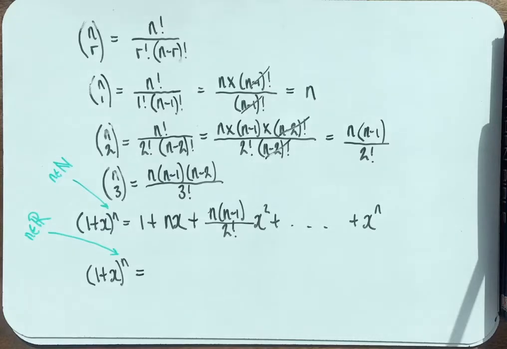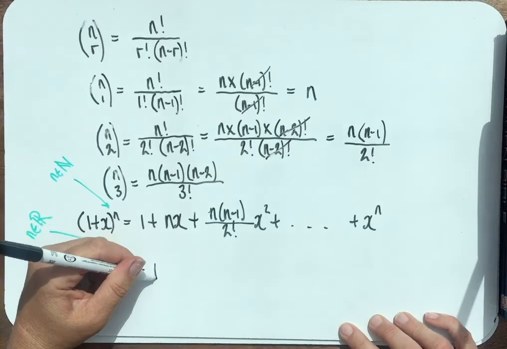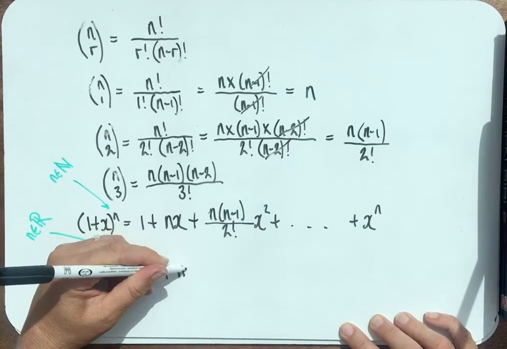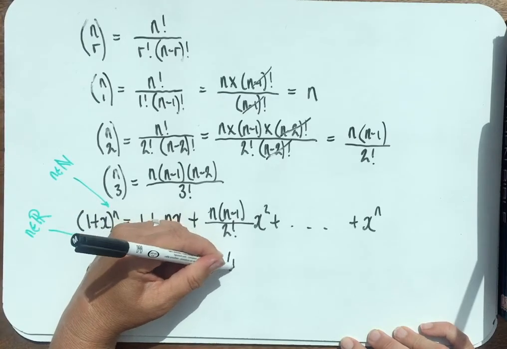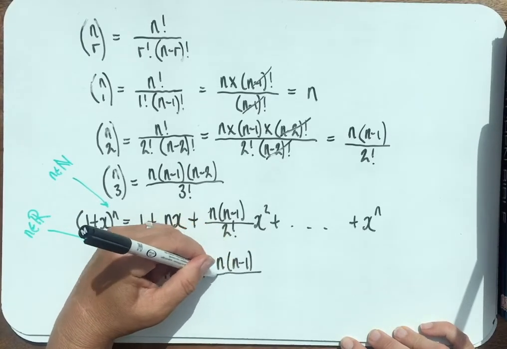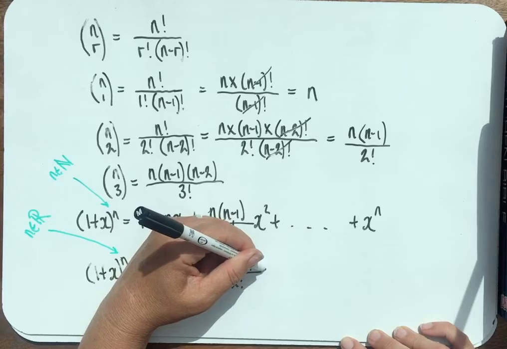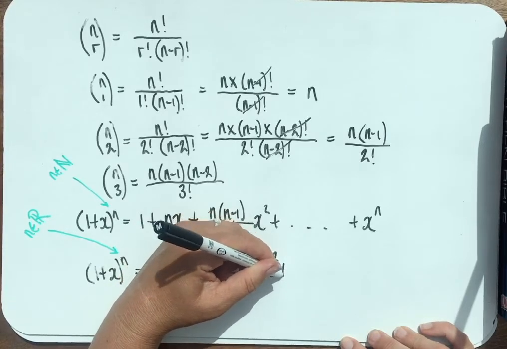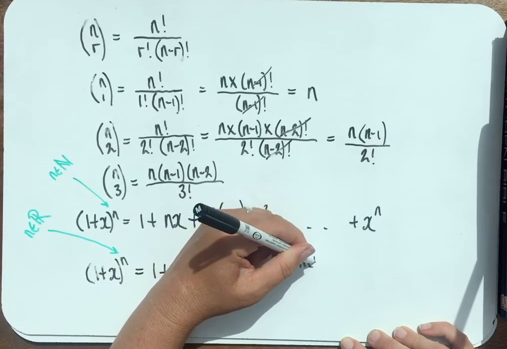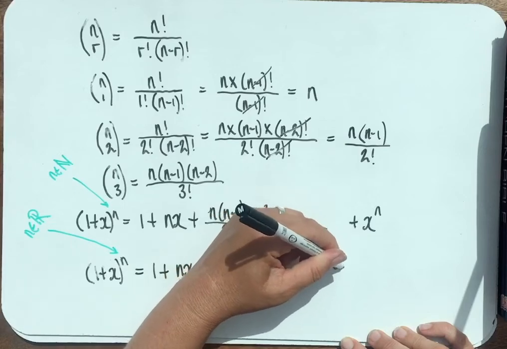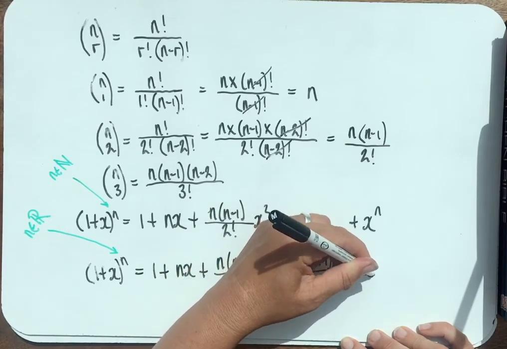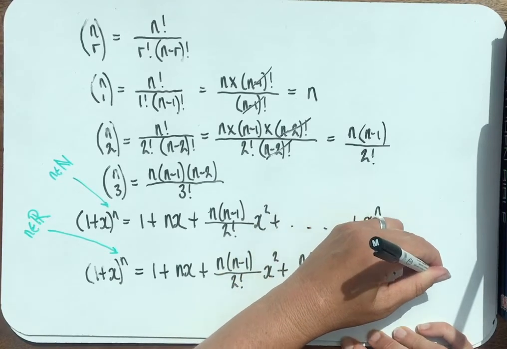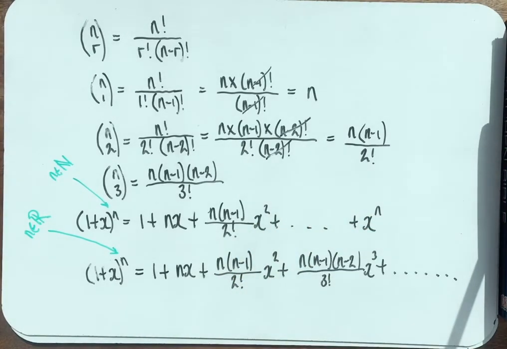If n isn't a positive integer, then you have an infinite series. So that's our pattern. We've now got an infinite series.